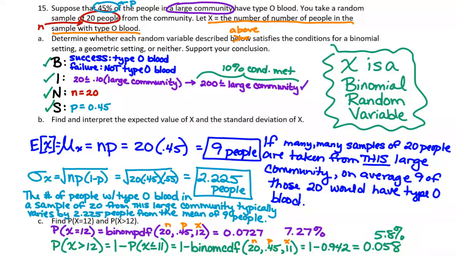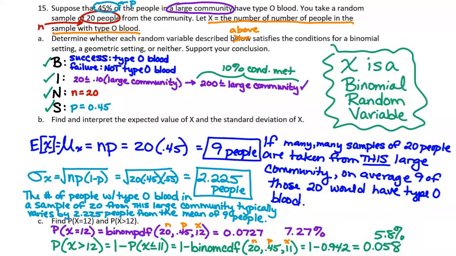Let me double check on mine. Maybe I typed it in the wrong way when I made my answer key. Second vars. If I got the wrong thing up there, I apologize. Binom CDF. 20 trials, 0.45, x value of 11.